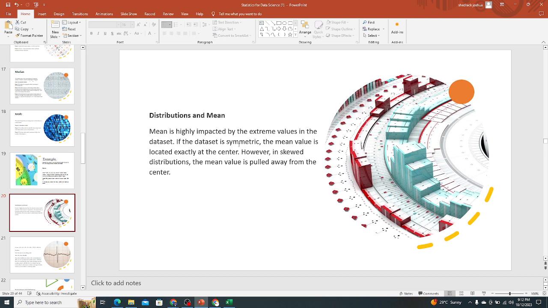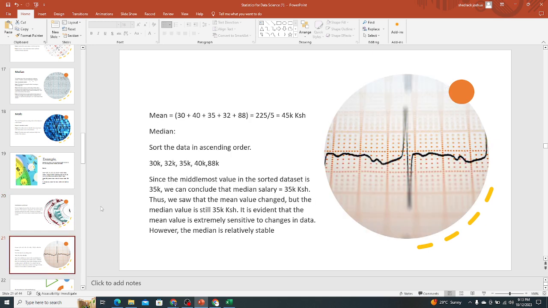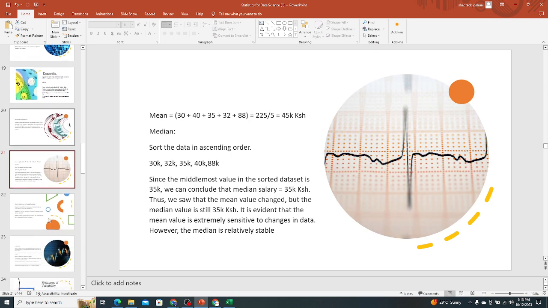If the data set is symmetric, the mean value is located exactly at the center. However, if the data is skewed, then the mean will be pulled away from the center, either to the right or to the left of our initial mean. Okay, all right. Then you will also calculate mean.